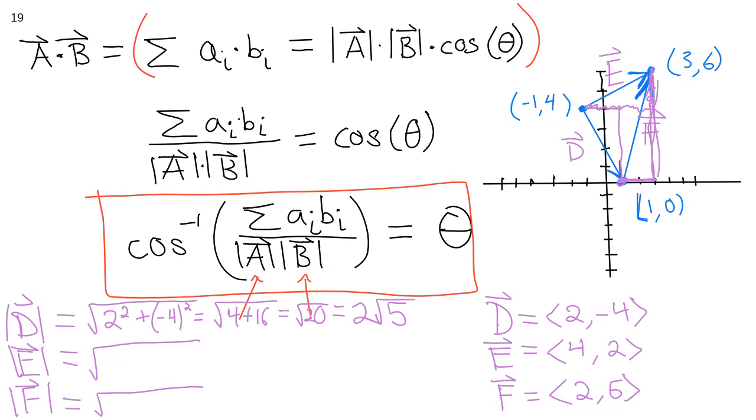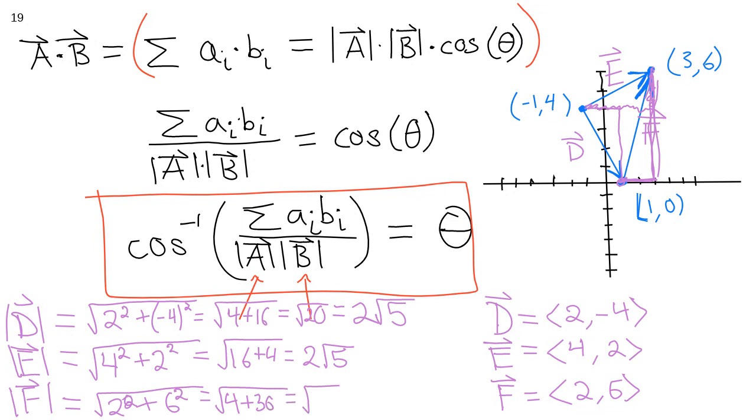How about E? What's the length of E? I got 2√5 again. Yeah, that's right. And F. 2√10. Sorry, 2 squared plus 6 squared. 4 plus 36. Square root of 40. 2√10.